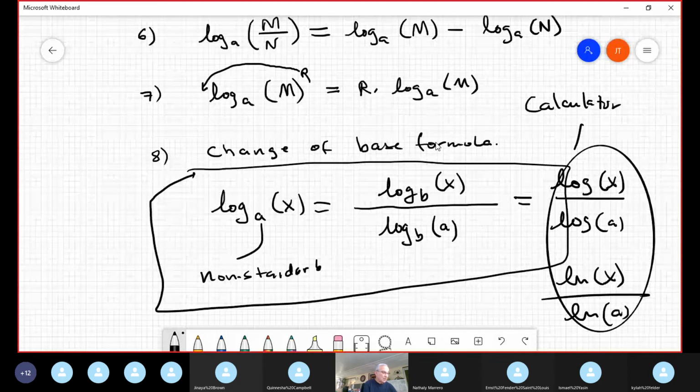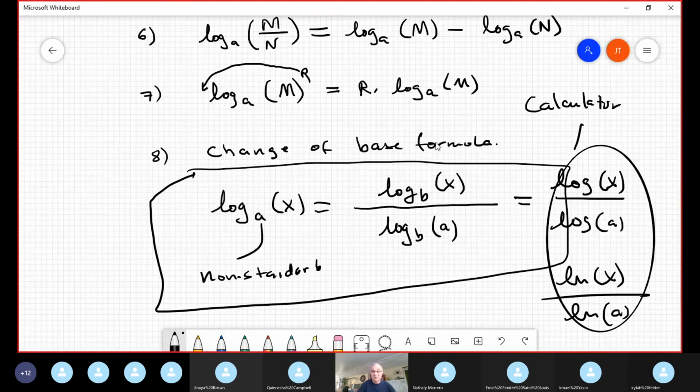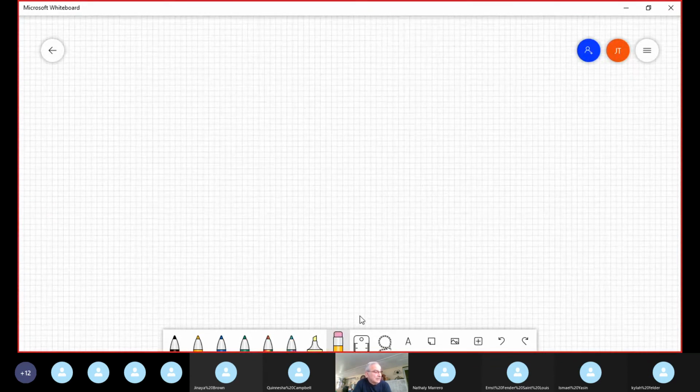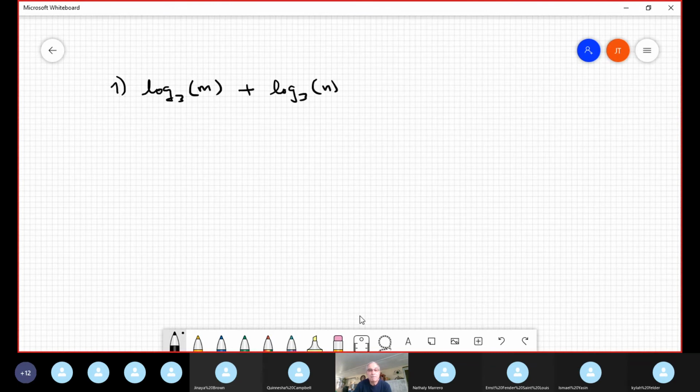Okay, let's practice a little bit. Condensing and expanding, because in the test you see some questions like that. But it's extremely easy, in my opinion. Express as a single logarithm, basically, is condensing. So we have several logarithms. Example 1, easy: logarithm base 3 of m plus logarithm base 3 of m.